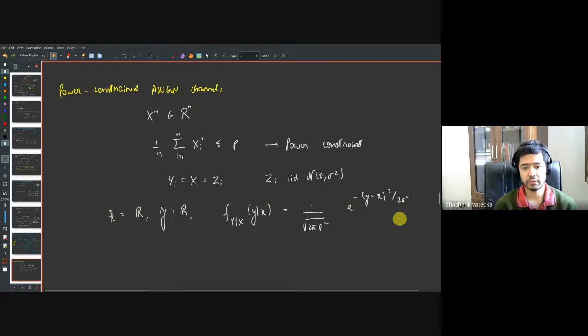But now you have this additional input constraint that 1 over n times the summation of xi square should be less than or equal to p. So this is an example of an input constrained channel.